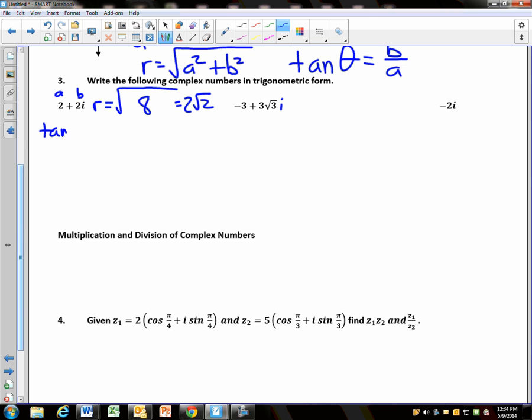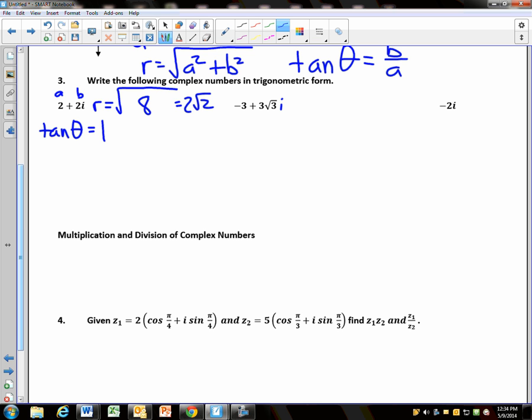Then we set up this. Tangent of theta is equal to, what's b divided by a? 1. In which quadrants is tangent positive? First and third. If we inverse tangent of 1, do you know what angle you get? 45 degrees.